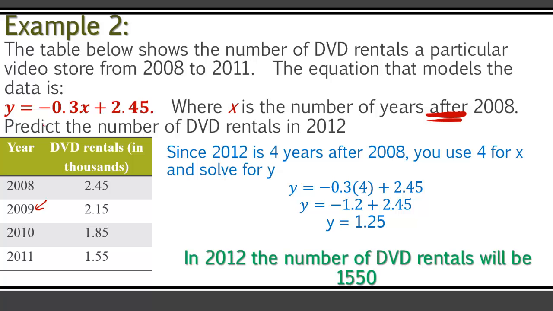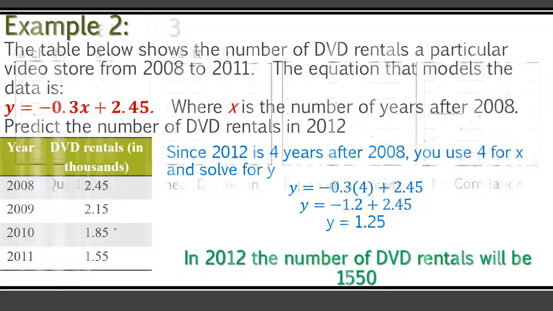So in 2012, the number of DVD rentals will be 1,250, because notice this says in the thousands. So it wouldn't be 1.25. Because this is in thousands, we take that and multiply it by 1,000. Not every time, just by whatever number it says in the chart.